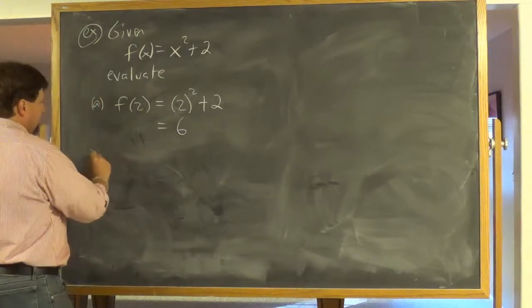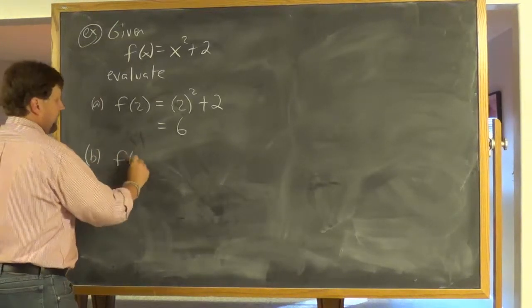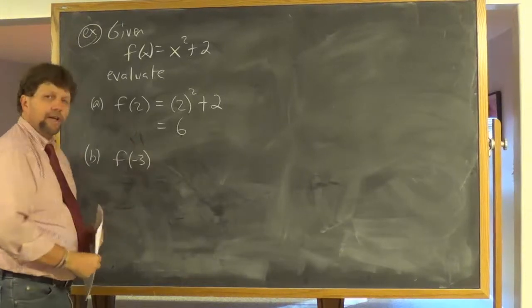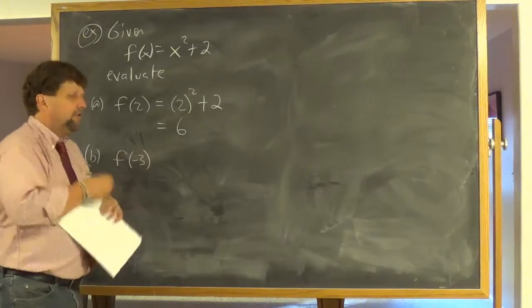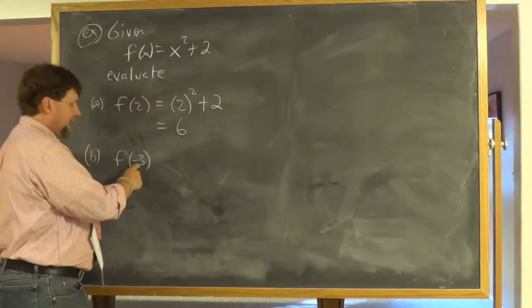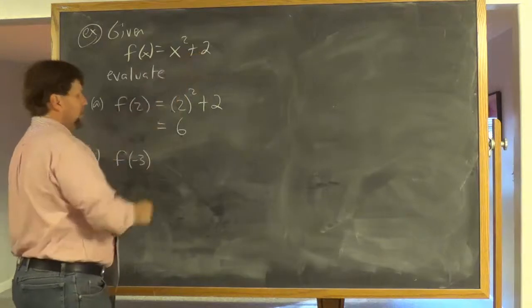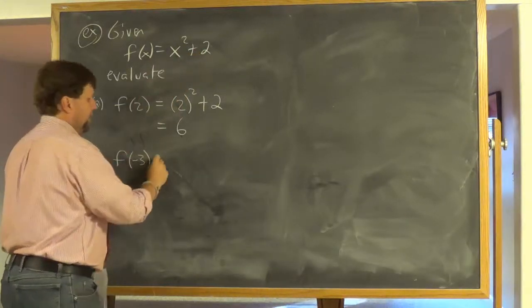So let's say you're asked to evaluate f of -3. Do the exact same thing. Wherever you see an x, replace it with a -3. So if f of x is x squared plus 2, put -3 in there for x.